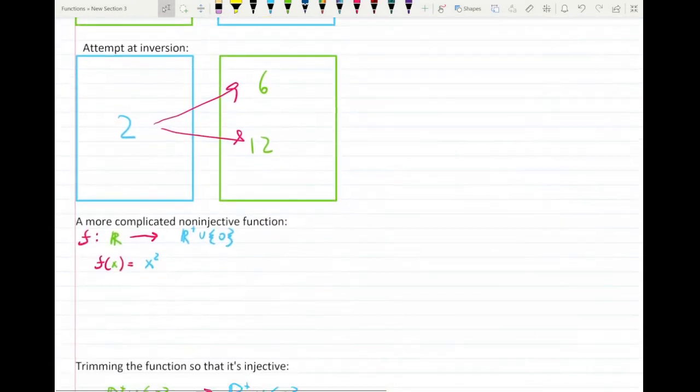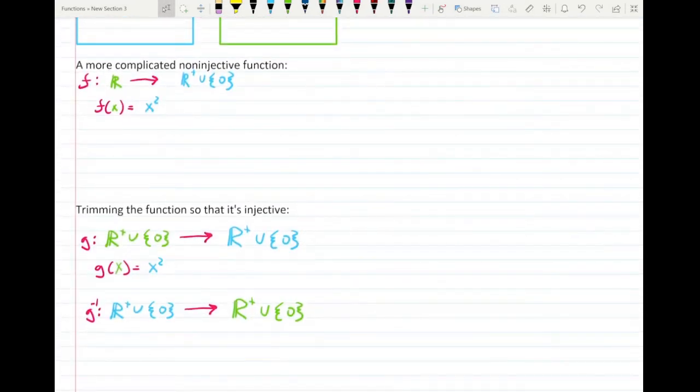For a bigger example, let's look at this function here. It's going to take in real numbers, and it's going to go into the positive numbers. And take it from me, this function does hit its entire codomain. For every number in its codomain, you can find something that maps to it. So that's not the issue here. The issue here is that this function defined by f of x equals x squared is not injective.